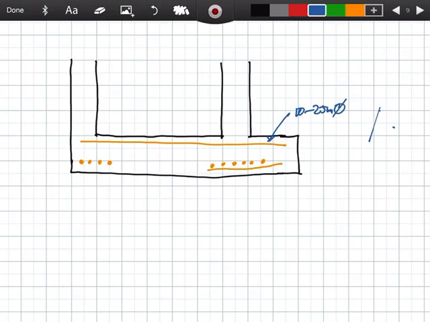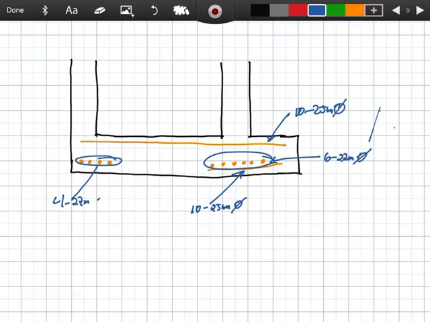Ito naman ay 8. 8 ba to? 10 to eh. 10. 25 mm diameter RSB. Tapos ito naman ay 6. 22 mm diameter RSB. Ito naman ay 4-22 mm diameter RSB.